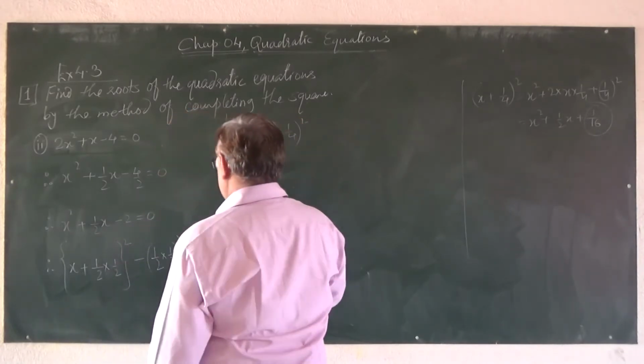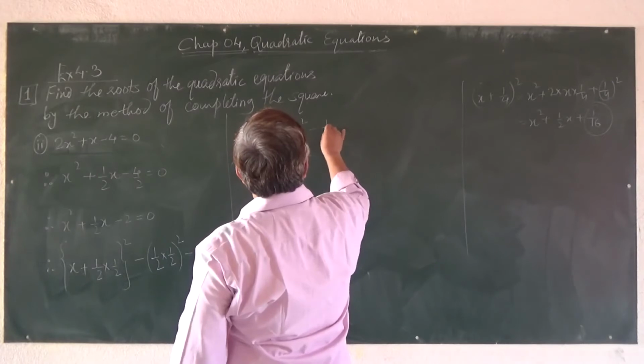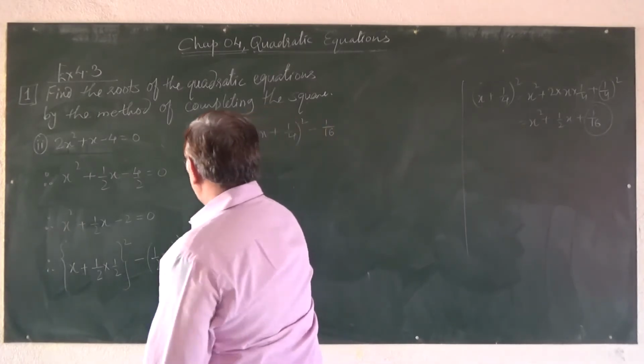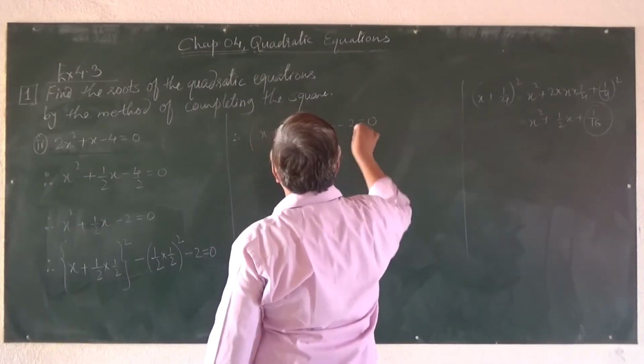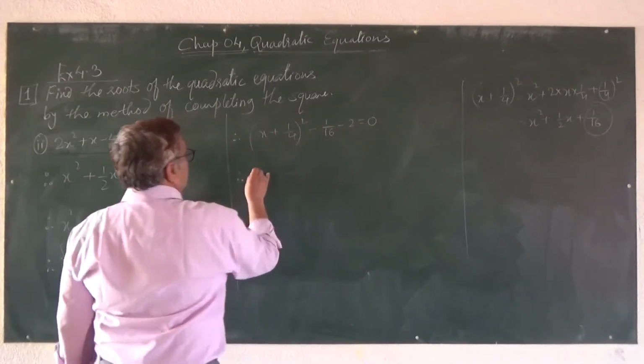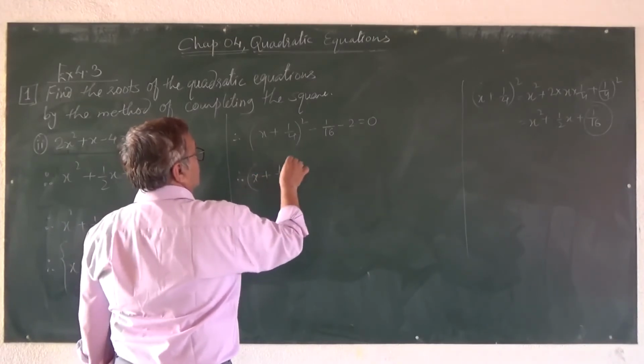Now see, so therefore this is nothing but x plus 1/4 the whole square minus 1/4 and its square, so minus 1/16 minus 2 is equal to 0. So what you will take, x plus 1/4 the whole square.